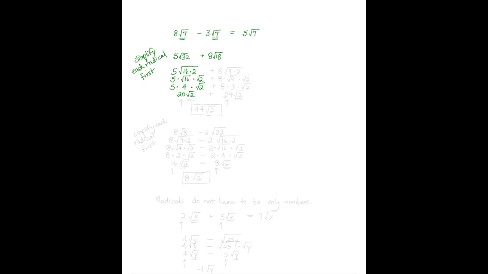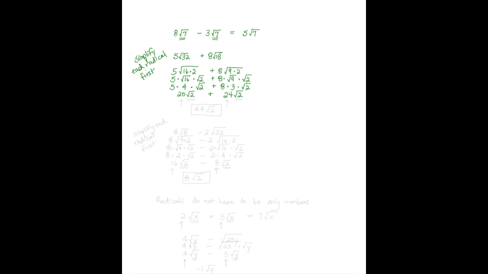Working with the 8 times square root of 18. 18 can be rewritten as 9 times 2. This gives us 8 times the square root of 9 times the square root of 2, which also gives us 8 times 3 times the square root of 2. 8 times 3 is 24, and we have the square root of 2.